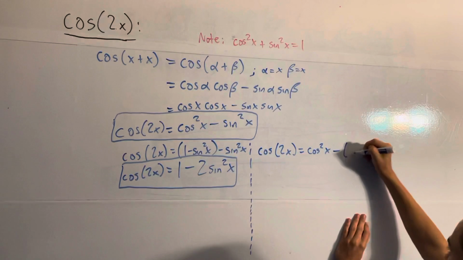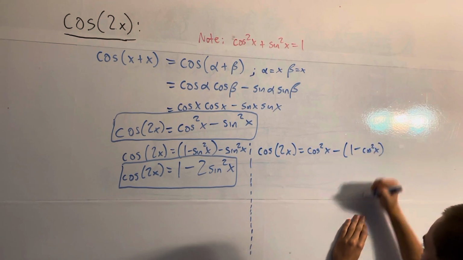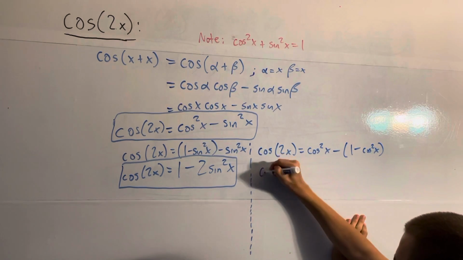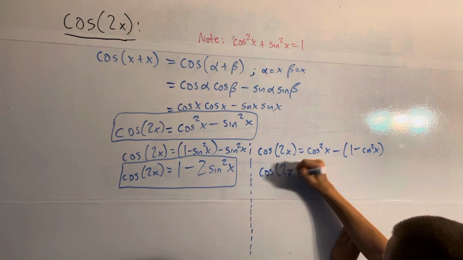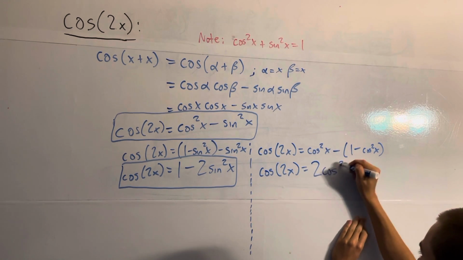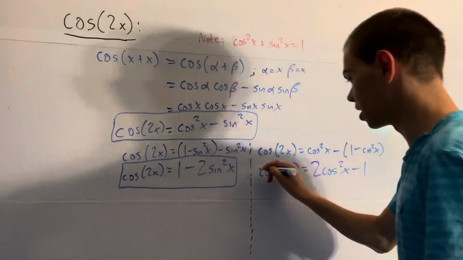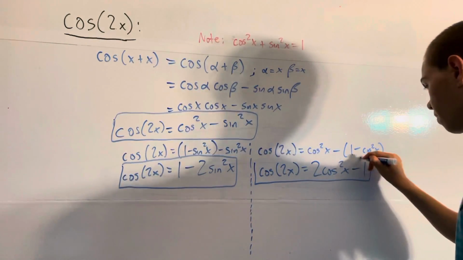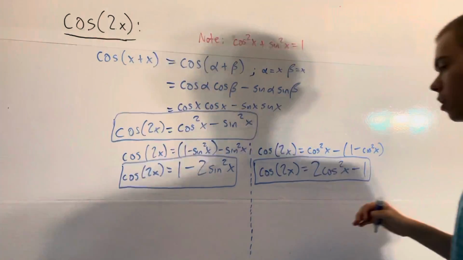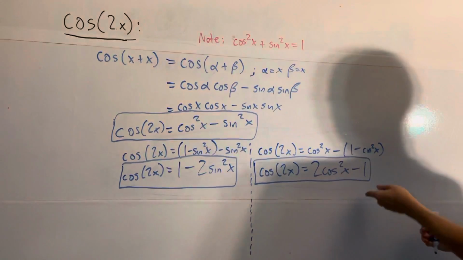And simplifying this, you are going to get 2 cosine squared x minus 1. So these are just two additional ways of expressing the cosine of 2x. It's 1 minus 2 sine squared x or 2 cosine squared x minus 1.